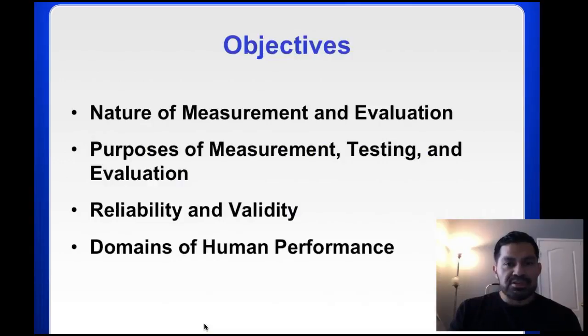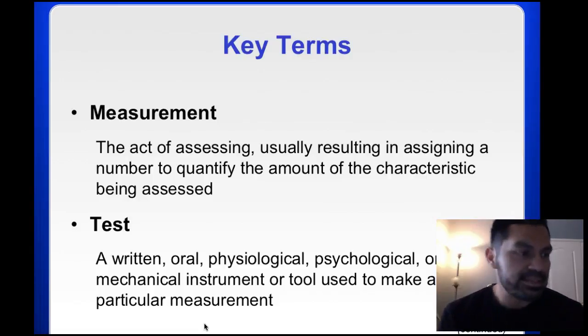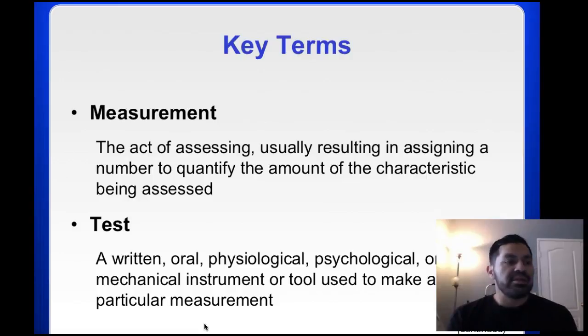So some of the objectives, as you'll see in the slideshow. One of the first distinctions that I wanted to make is measurement and test. Measurement is used as a gauge, and then the test is used as the instrument to gauge. So just to give you a little bit better understanding of how we're going to be using these terms.